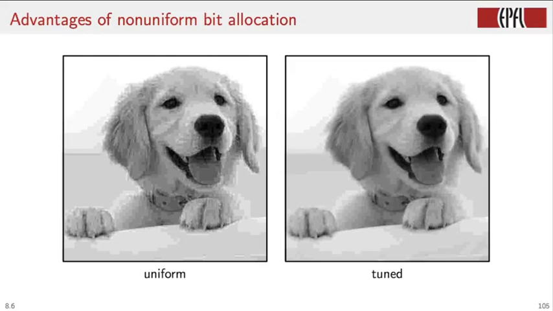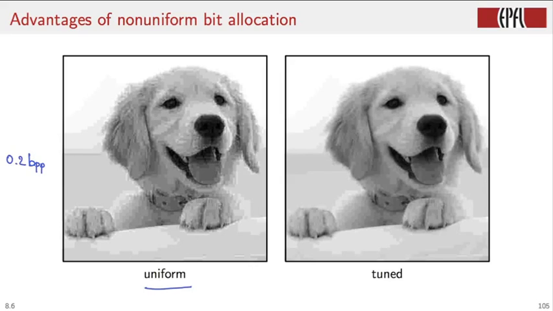One may wonder whether it's worth it to go through the trouble of specifying a non-uniform bit allocation strategy. And here is an example. We have a JPEG encoded image at a very low bit rate, about 0.2 bits per pixel. And on the left, we have a uniform quantizer that allocates the same number of bits to each DCT coefficient, very few bits per coefficient given the low bit rate.